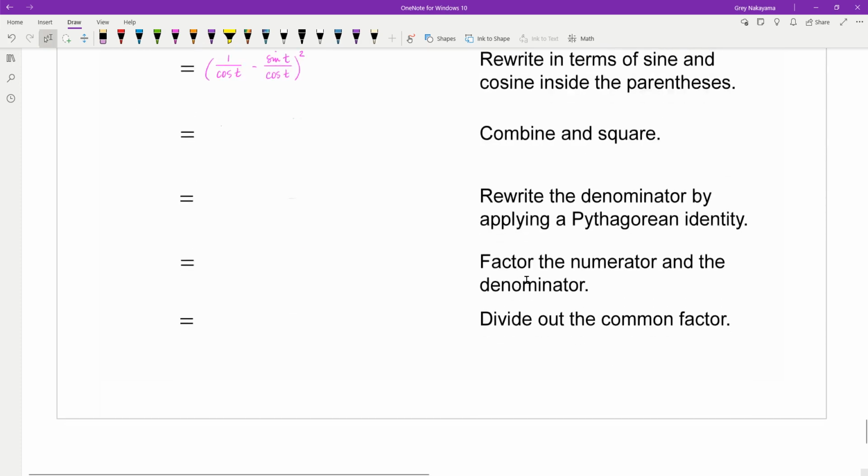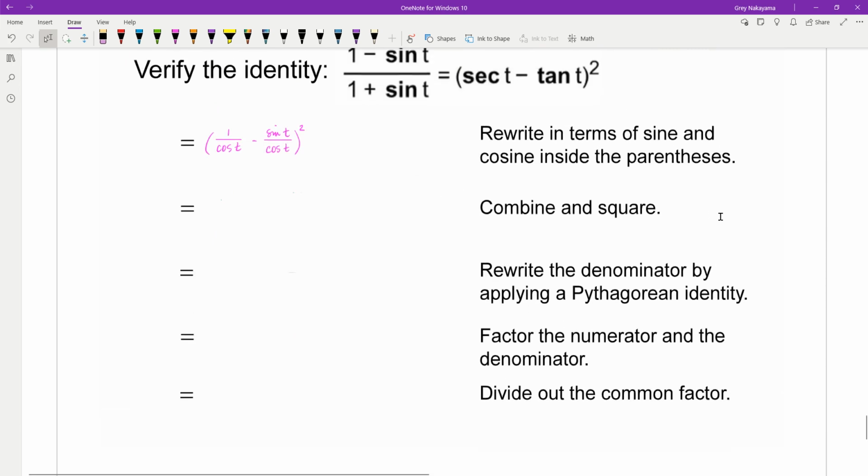So now combine and square. I have the same denominator of cosine, so when I combine them, I'm going to have a denominator of cosine. And why did I write cosine squared? Because it's not cosine squared. It's just cosine. My bad. So that's cosine.